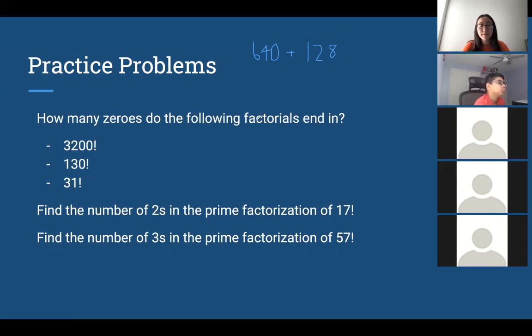But then we're also missing the numbers divisible by 125, which is 5 cubed. So we divide 3,200 by 5 cubed, which gives us 25.6. We have to round that down because you can't have 0.6. Now what about 5 to the 4th power, which is 625?